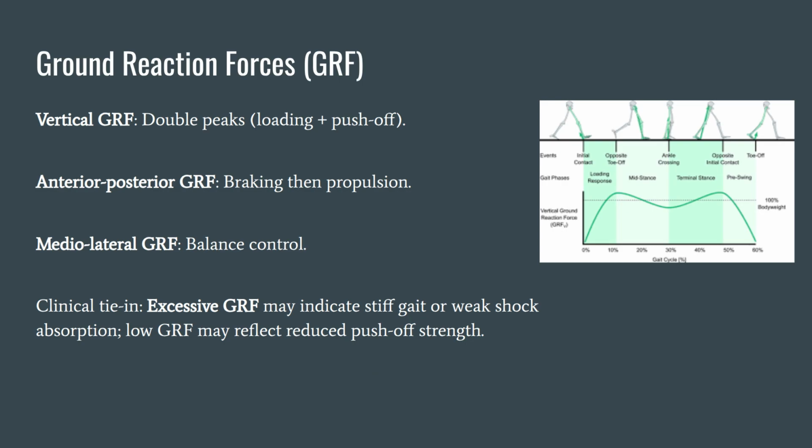Ground reaction forces represent external forces acting on the body during gait. Vertical ground reaction force has a double peak pattern. The first peak occurs during loading response. The second peak occurs during push-off.